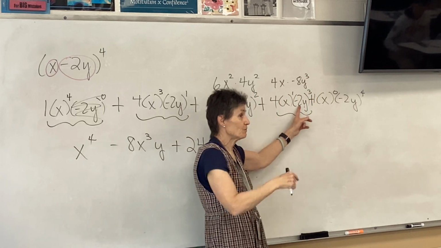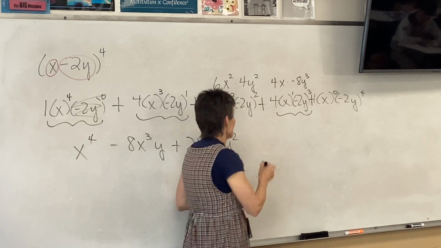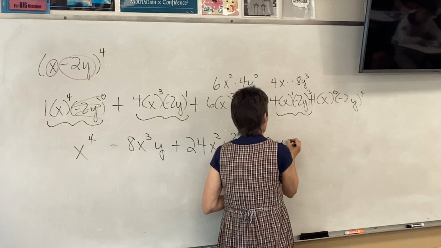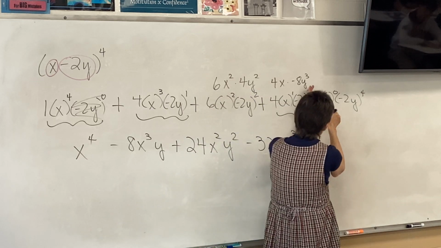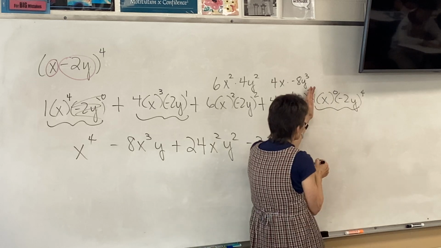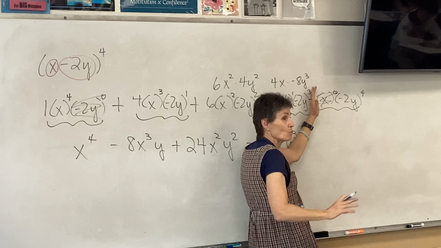Negative 2, negative 2, negative 2 is negative 8. Multiplied. So negative 32xy cubed. Good. I did not leave much space here. This is all a term right here. That goes away, right? Remember, when they're to the 0, just ignore them.